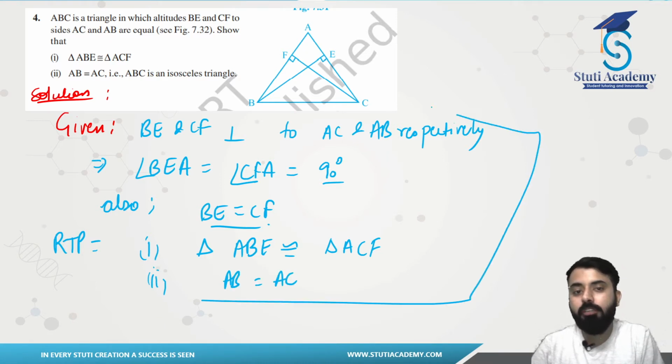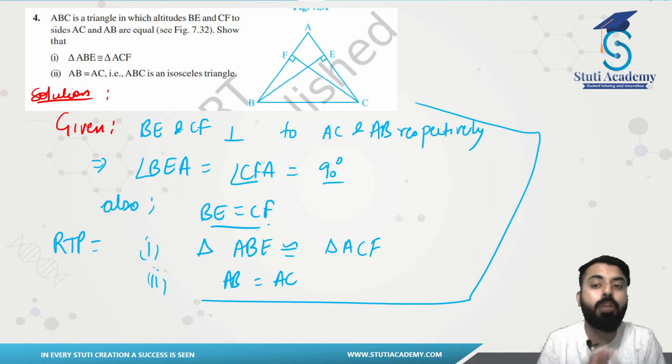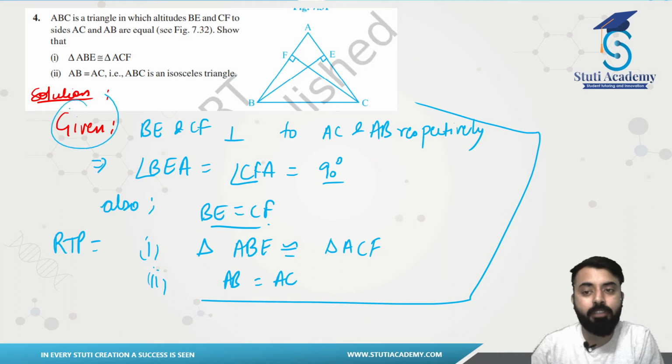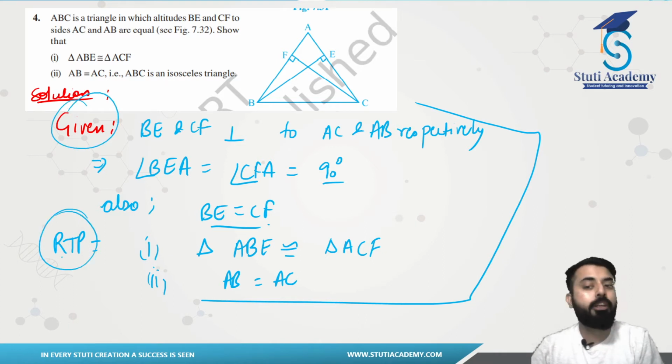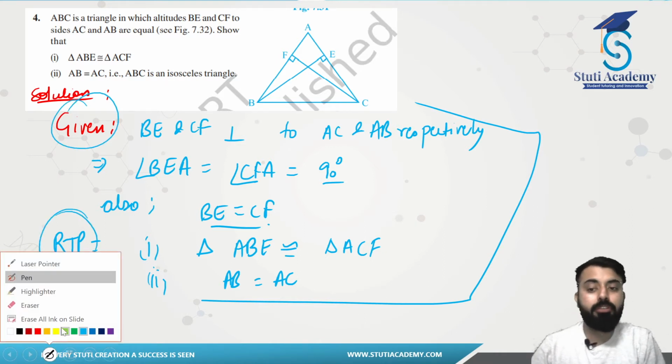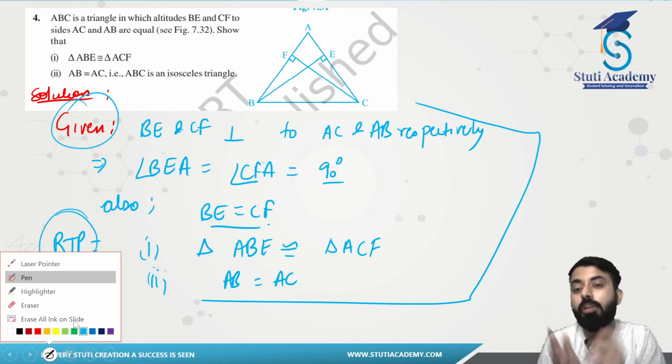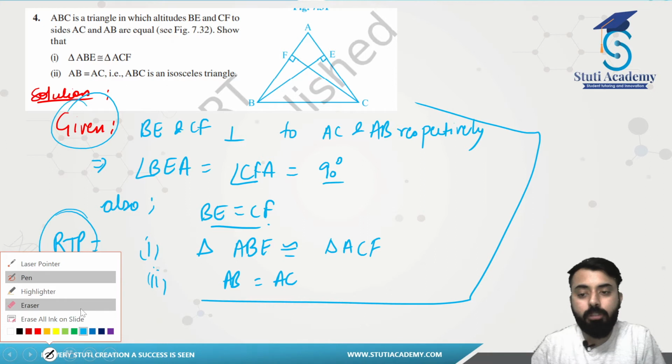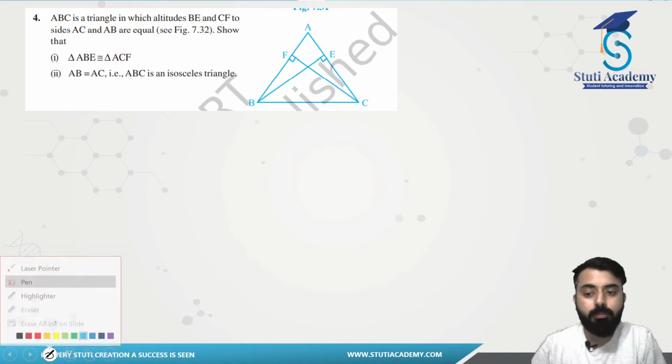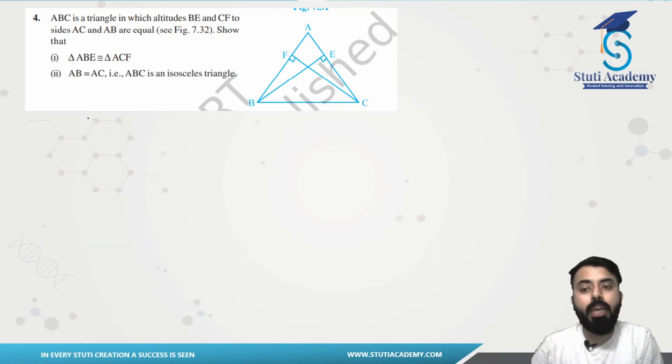These are the things that we have to prove, and you have to write each and everything accordingly. You have to follow this process. You have to write given statements and required to prove. If you are doing some constructions, then you have to write those constructions as well. You cannot skip any method, you cannot skip the steps. So I'm going to erase this one. Now towards the solution. So, the actual solution now.